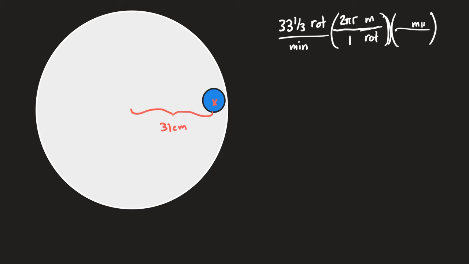They're in the bottom, so I need to put minutes in the top here. And I want to be left with seconds. Pretty sure there are 60 seconds in every 1 minute. How's that look? Is that okay? So I need 33.3 times 2 pi r, all divided by 60. I just dropped all the ones, and that will be my answer in meters per second.